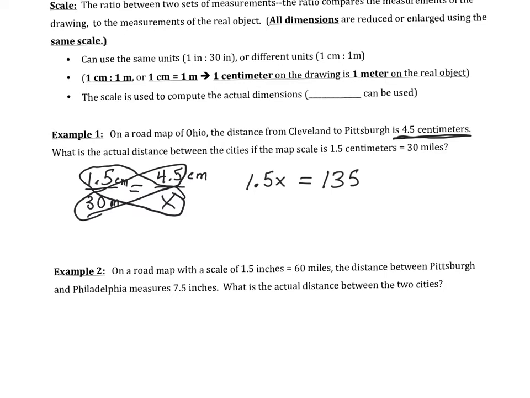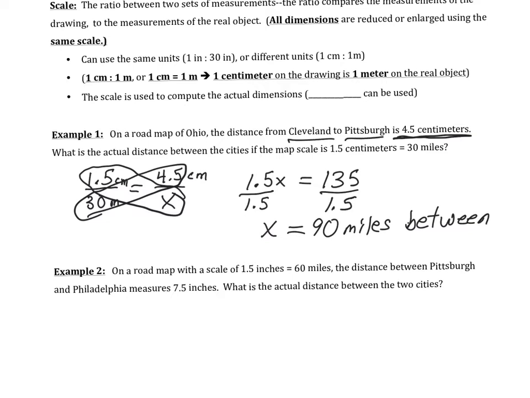And this is an equation like any other equation. We have 1.5 times x, so we have to undo that by dividing by 1.5. And we get x is equal to 90. So that means that it's 90 miles between. And I'm not going to write out the cities. We can see the cities here between Cleveland and Pittsburgh.